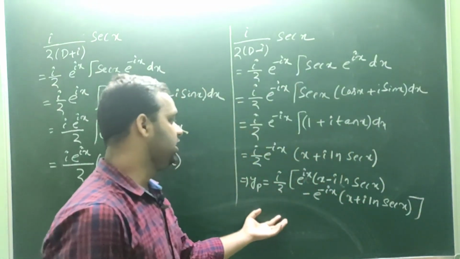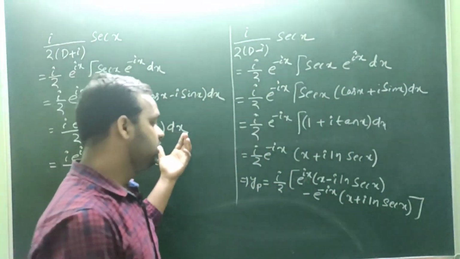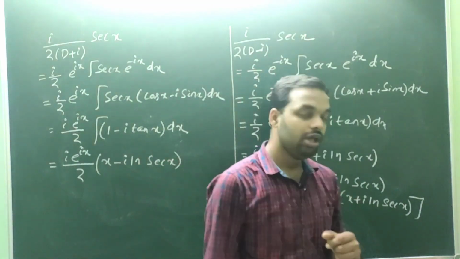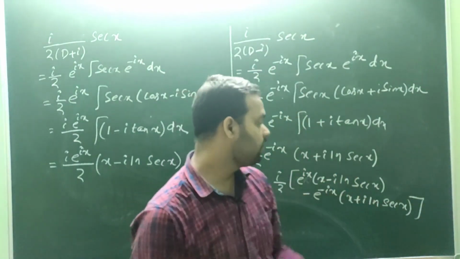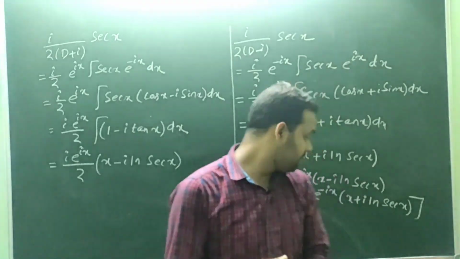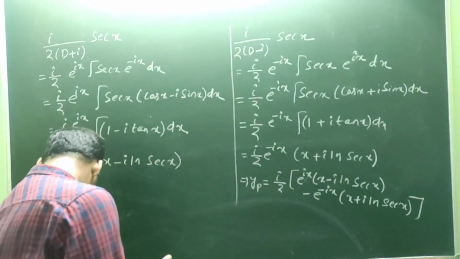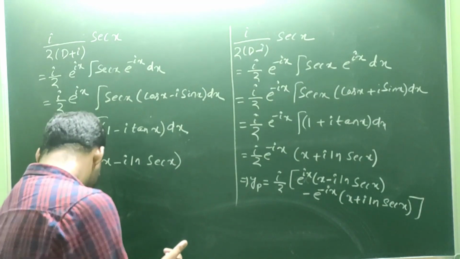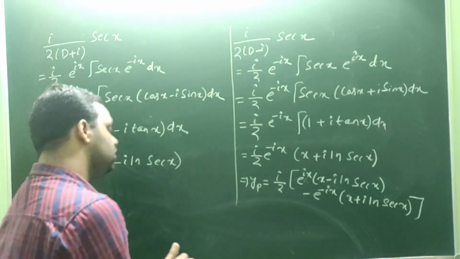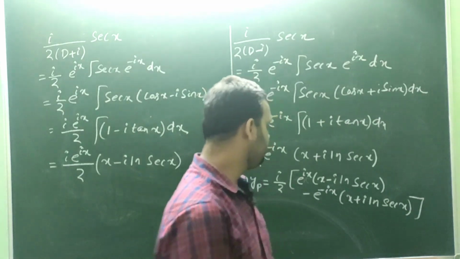This is the particular integral. And earlier we have found the complementary function. You can just write down all the things. So I think this part is clear.